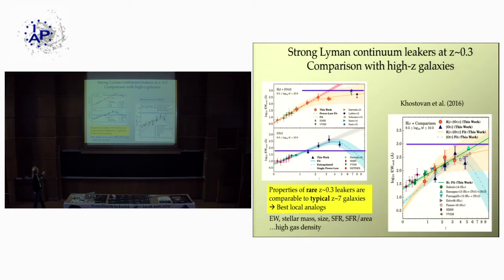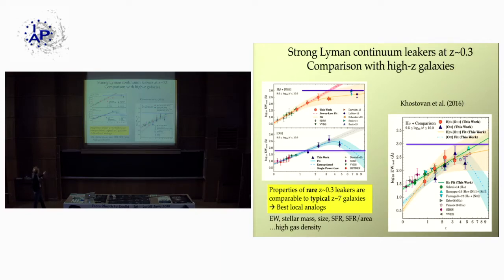What one finds consistently is that the equivalent width of this line and also H alpha increases strongly when you go to higher redshift. And the equivalent widths which we think are typical for galaxies in the epoch of reionization, so above redshift 6 or so, this value here is the value we find in our Lyman continuum leaking galaxies at redshift 0.3 or so.